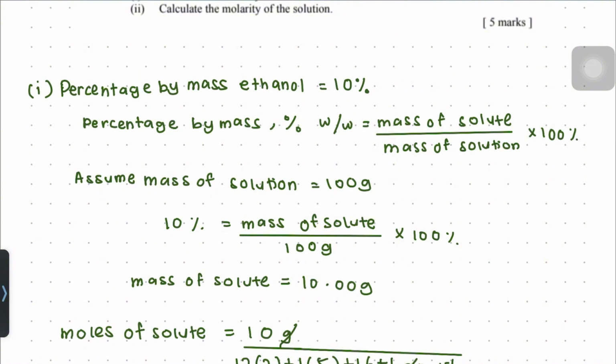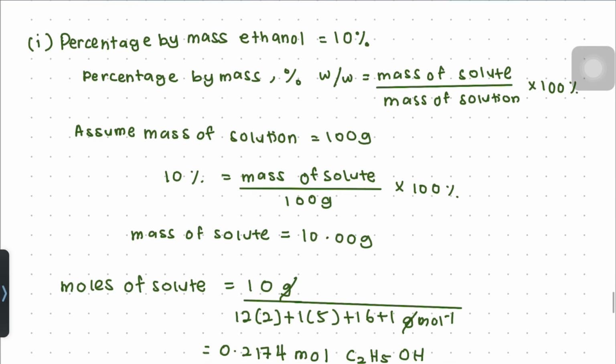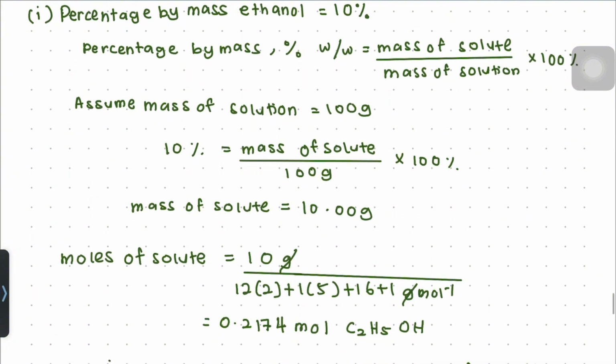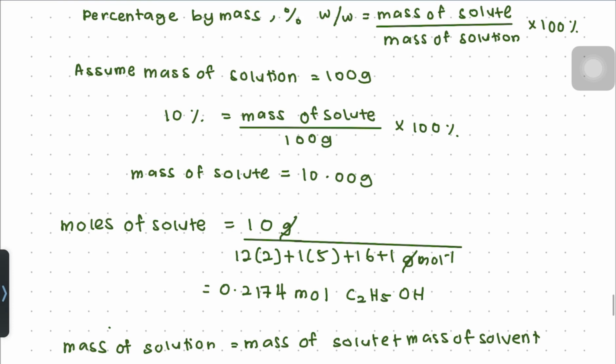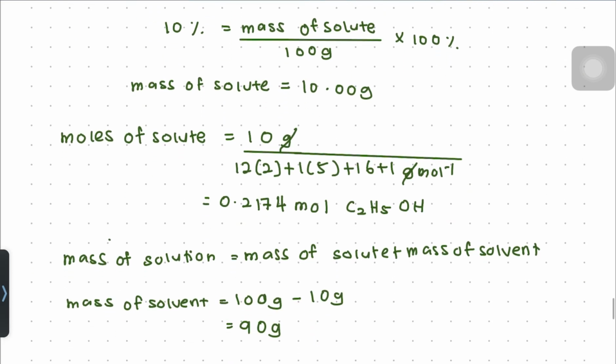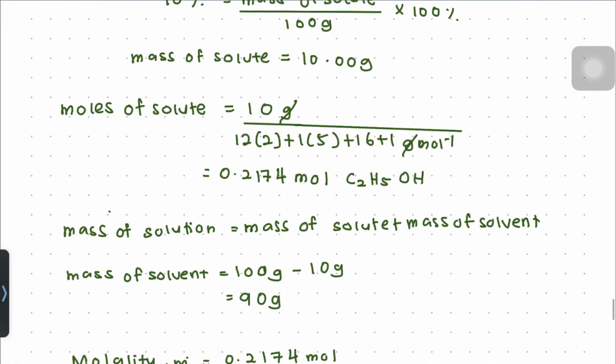Okay, and then after that, we can calculate the moles of solute by using the formula mass over molar mass. So 10 gram of ethanol divided by the molar mass for ethanol, and then we'll get the answer is 0.2174 mole of C2H5OH, which is the ethanol. And then we can find the mass of solvent by using this formula: mass of solution equals mass of solute plus mass of solvent, and then the answer is 90 gram.